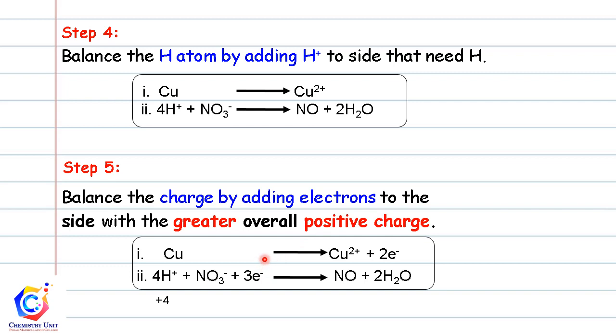Here, 4 times positive 1 equals positive 4. Here the overall charge is negative 1. Here 0, and here also 0. So we sum up: this side equals positive 3, and the other equals 0. That's why this side is more positive, so we need to add 3 electrons so that both sides have the same charge, which is 0.